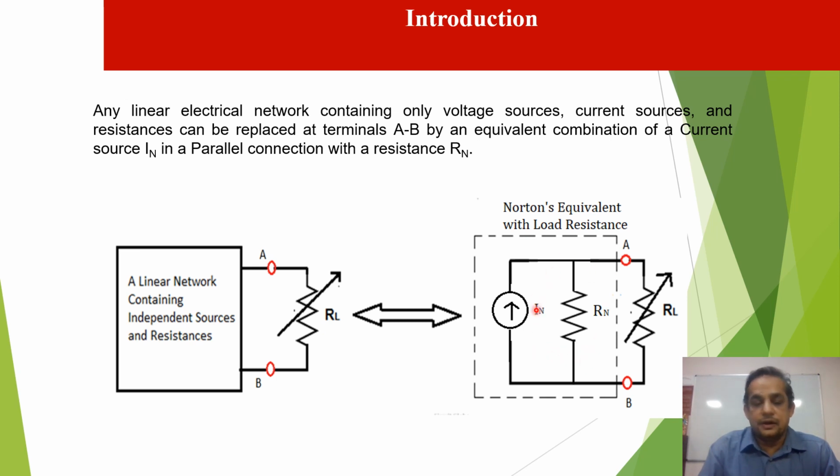Here we convert all the circuit except the load resistance into one current source in parallel with Norton resistance, and after that we connect the same load resistance where we calculate the current, voltage or power. Now come next.